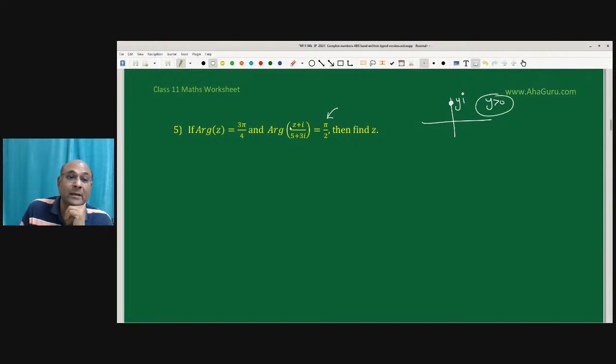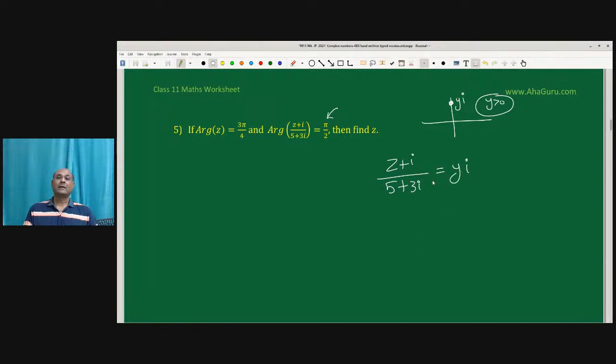What is y times i? This number has argument pi by 2, so that means z plus i. Notice what I'm doing. Everybody please think about it. If argument is pi by 2, that means the number must be something into e to the power of i pi by 2, right? Or in this case, I will write it like this.